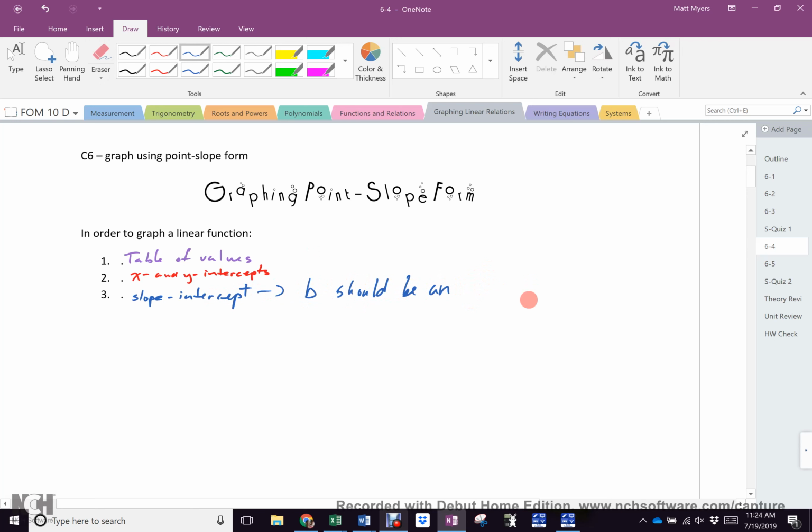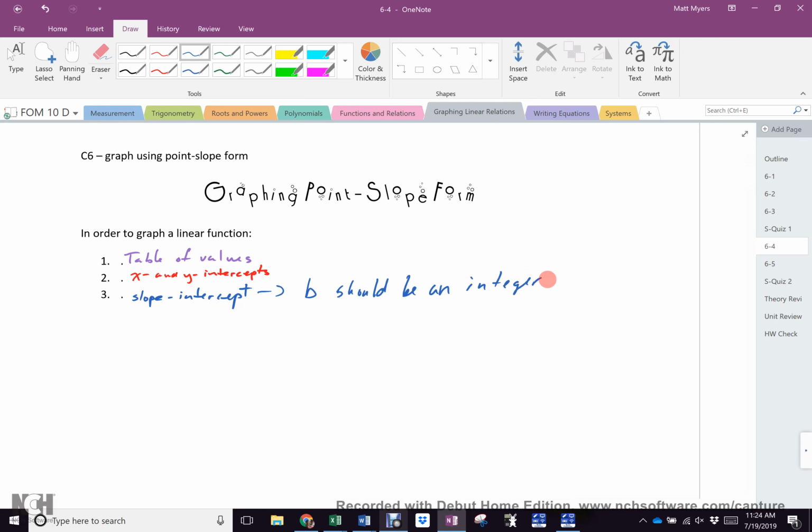Because if our y-intercept is a fraction, then it's a bit of a pain, because then we got to change scales, and is there room enough to change the x scale and the y scale, and so on. That's a big pain, right?